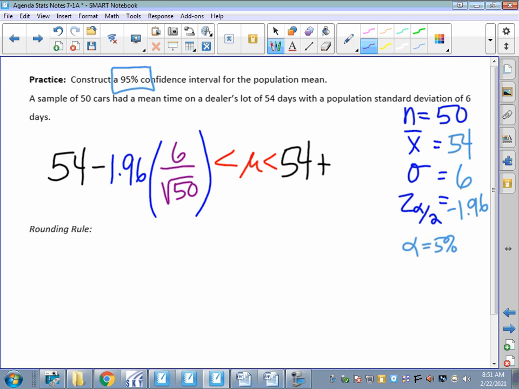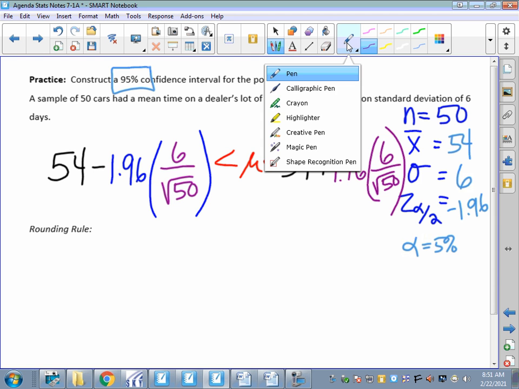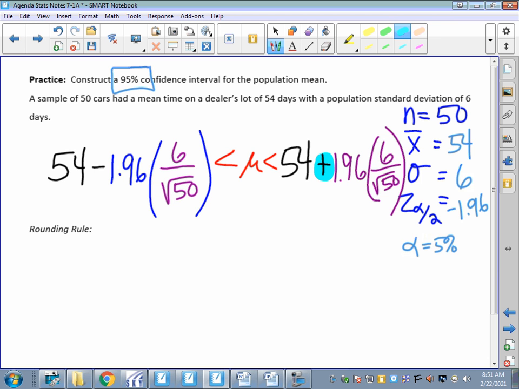This one I'm just going to sort of disregard because I know that 1.96 would be on the negative side, 1.96 would be on the positive side. So just stick your 1.96 in there, and then completely identical. The only difference in this formula between these two sides is one is a minus, that z times the sigma over square root of n, the other one has a plus.